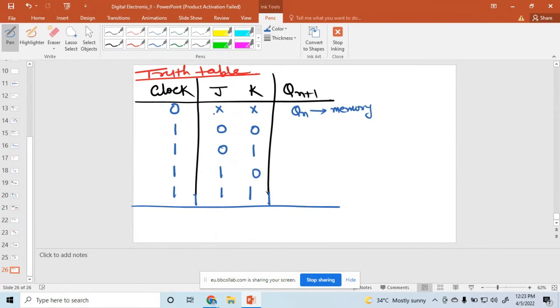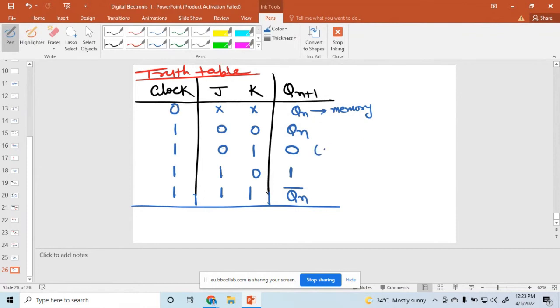But in the JK flip-flop, when you select 00, the value is Qn. When you select 01, it is 0, and 10, it is 1, and when 1 1, then in the SR flip flop that value is invalid, but here this value is equal to Q bar.